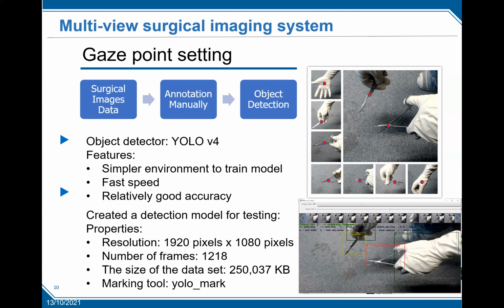In order to detect the targets, for example, the surgeon's hand, surgical field, and surgical instruments more accurately, the YOLOv4 algorithm was trained on a special dataset with 1080p resolution, containing 1218 keyframe images, with a size of 250 megabytes, and all the ground truths are manually marked using YOLO Mark.